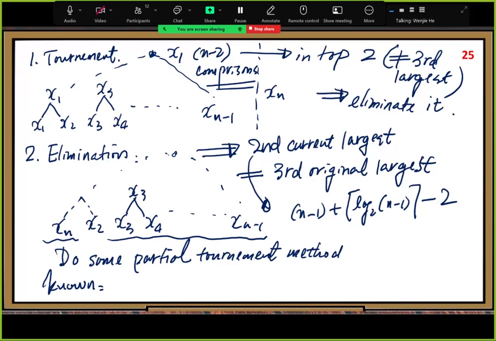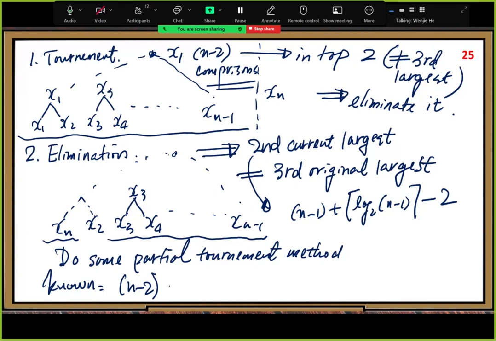The total number of comparisons in the first round is n minus 2. But we removed all the comparisons related to x1. After the cleanup, all the information related to x1 comparisons is gone.